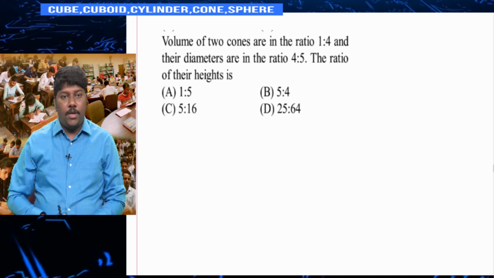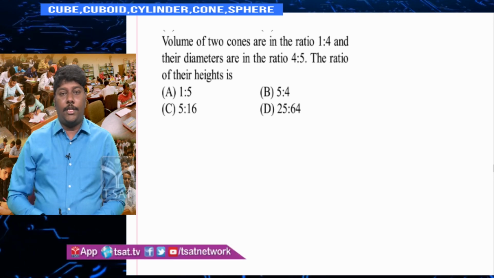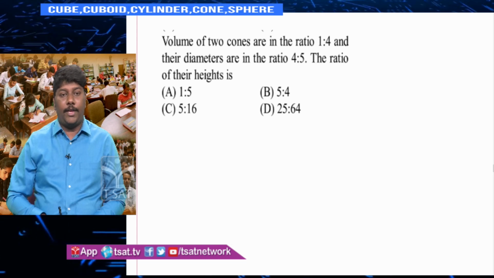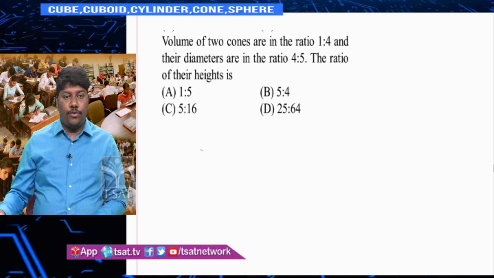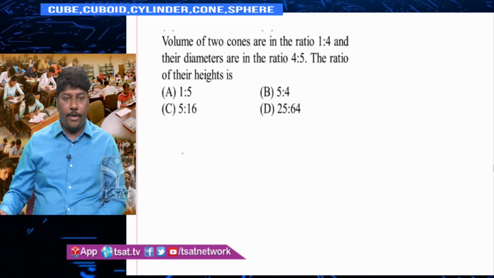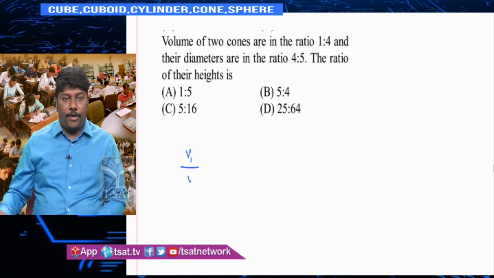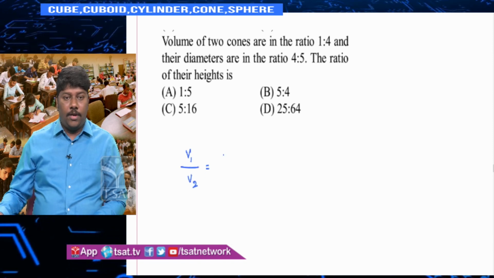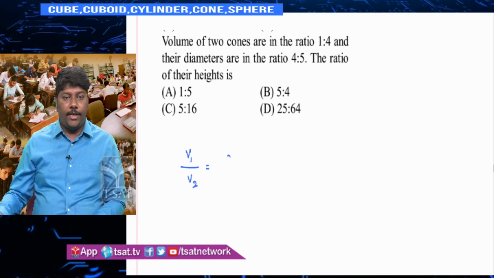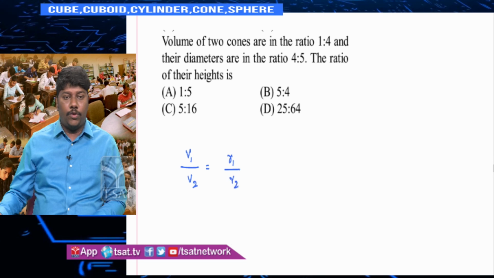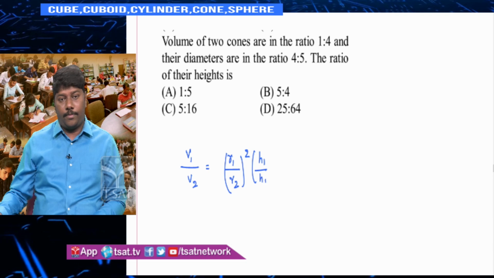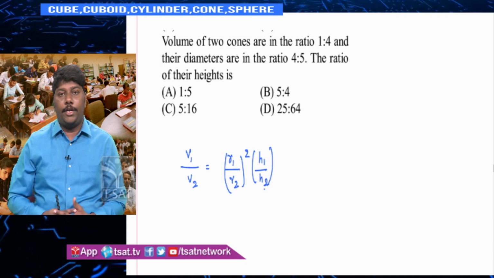Look at the next one. Volumes of two cones are in the ratio 1:4 and their diameters are in the ratio 4:5. Find the ratio of their heights. He is asking you about two cones. Let the radii be R1 and R2 for cone 1 and cone 2. Their volume 1 by volume 2 is equal to, let's take out all the constant terms because pi by 3, there is no use of taking it, R1 by R2 whole square into H1 by H2.